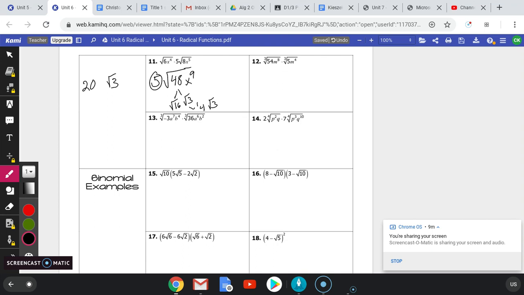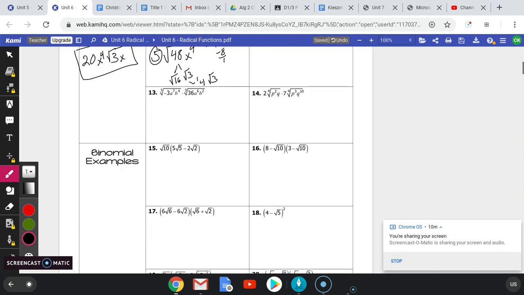So I take the exponent, 9, and divide by the index, 2. 9 divided by 2 is 4 with a remainder of 1. So my variable portion would be x to the 4th on the outside and just x on the inside. And that is the final answer.